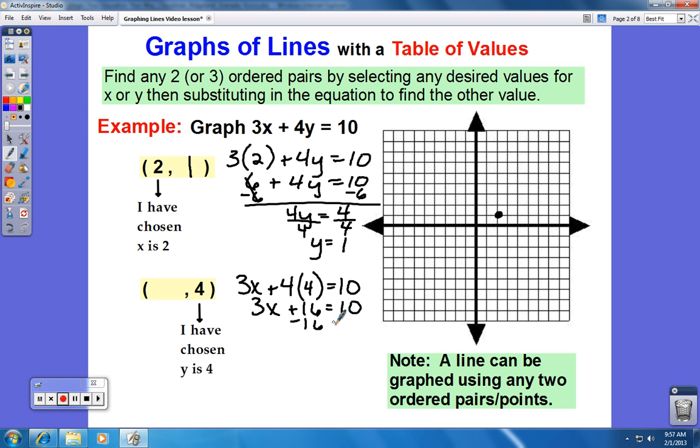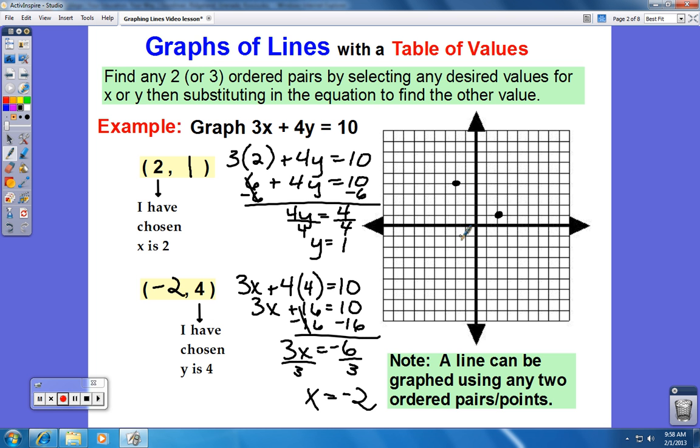We'll subtract 16. That's going to give us 3x equal to negative 6. Divide by 3. We get an x coordinate of negative 2. So here we have our second ordered pair. So that means when x is at negative 2, our y value will be up 4, 1, 2, 3, 4.